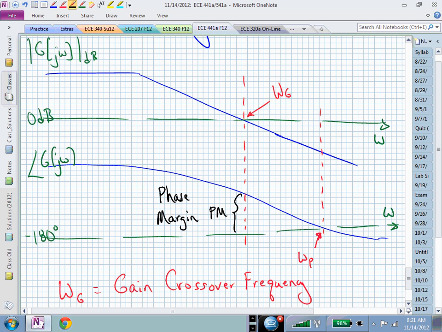Likewise, if you look at where your phase is crossing minus 180 degrees, hopefully your gain curve is below 0 dB. This is how much you could increase your gain before your system went unstable.